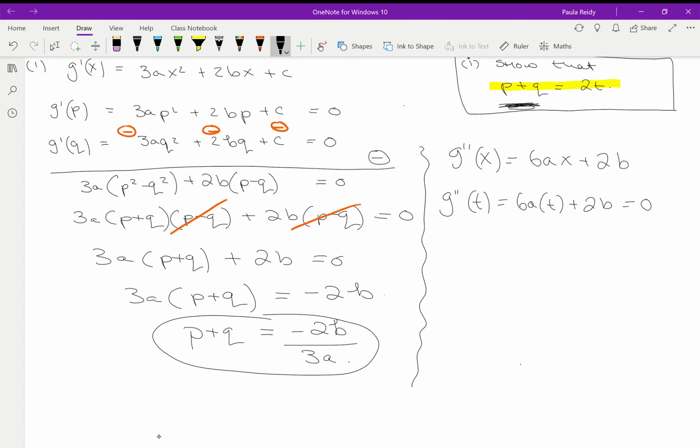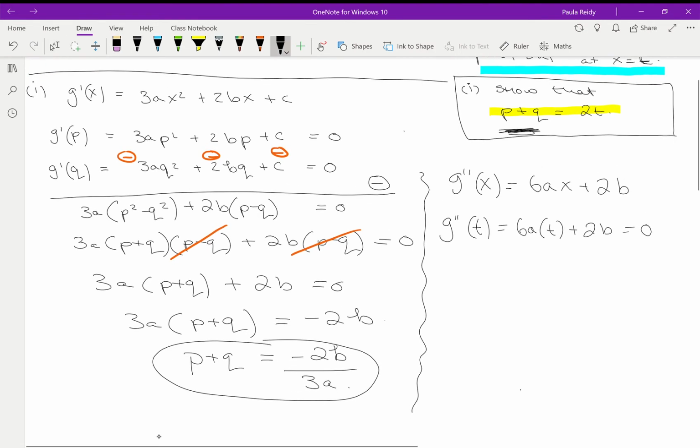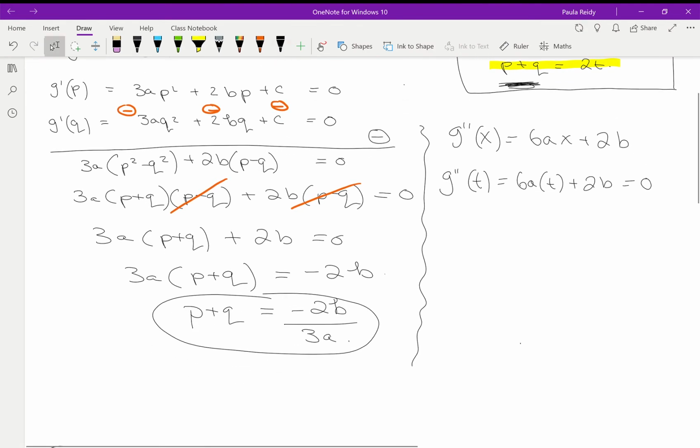Let's see what we get out of that. We're looking for t, so 6at is equal to minus 2b, or t is equal to minus 2b over 6a, which of course is minus b over 3a.